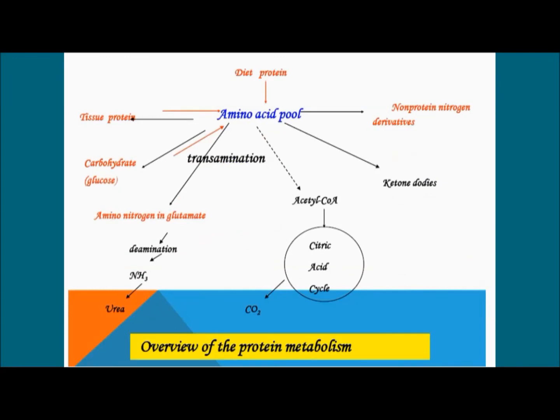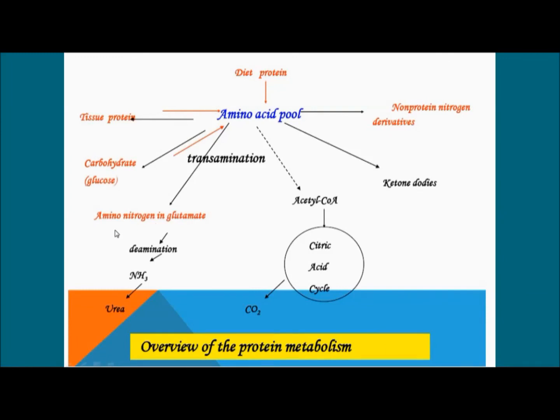So this is the overall chart. Here you can see the diet protein, which contributes to the amino acid pool. From this amino acid pool, the amino acids are used for tissue proteins and for non-protein nitrogen derivatives, right?